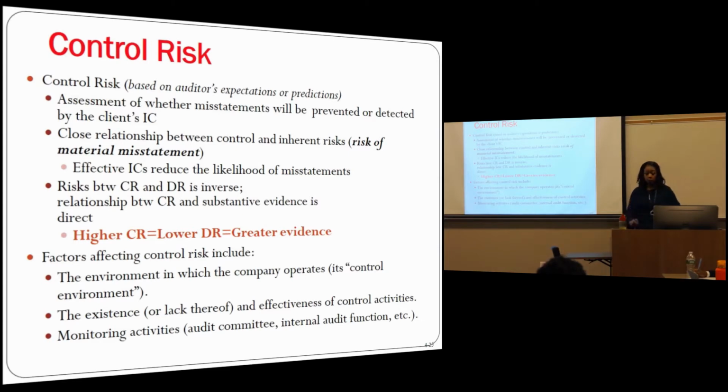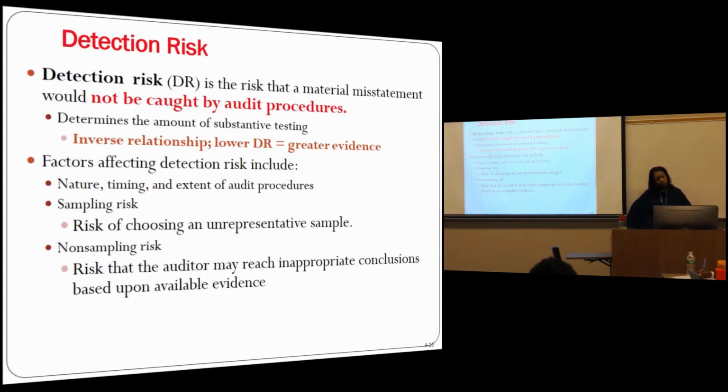Okay, so those two components or factors, risk factors, influence the risk of material misstatement. The auditors assess the risk of material misstatement based on client information. Yes. So even if there's low risk of material misstatement, or low risk of control, low risk.